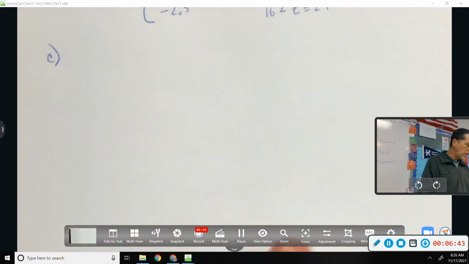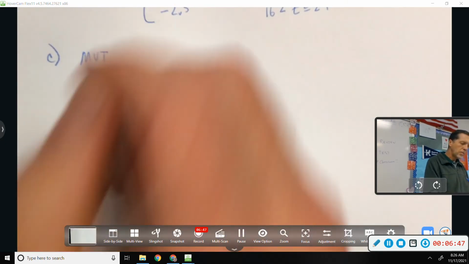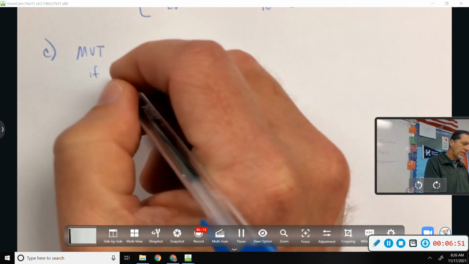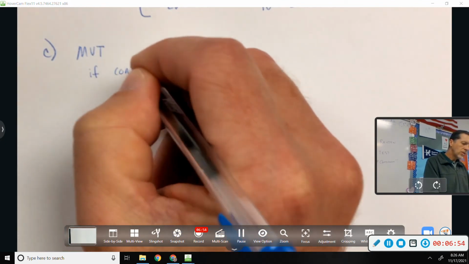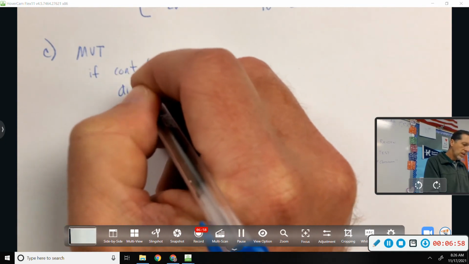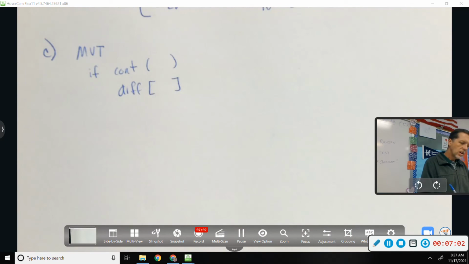Part C, mean value theorem. Okay, I see mean value theorem. I'm going to just in my brain think that means if it's continuous on the open, differentiable on the closed. Wait, is that backwards?